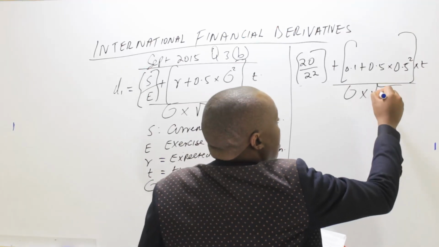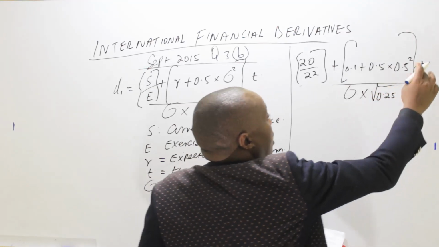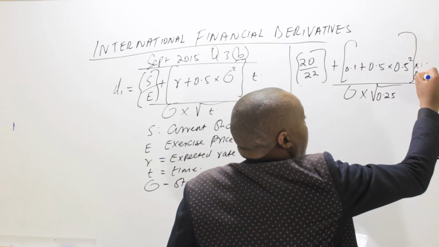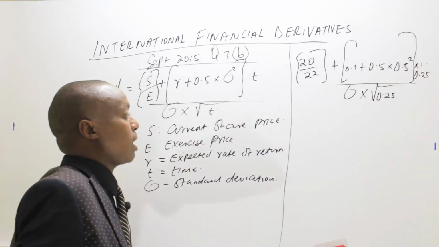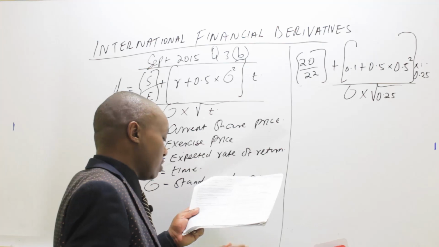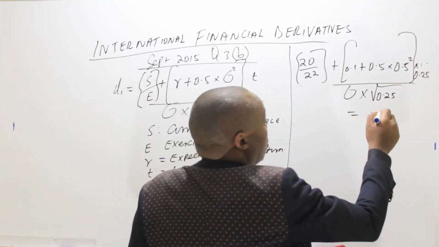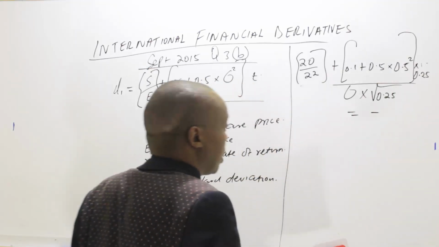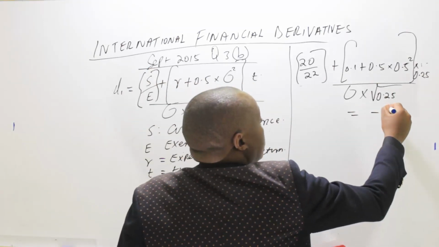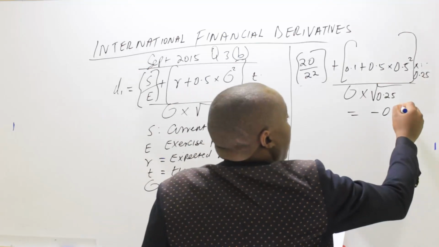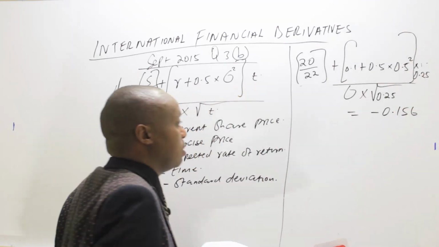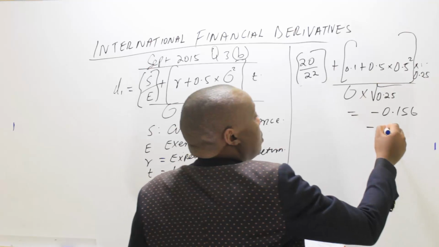Therefore, you can replace T with 0.25. If you work it out, we get the value, it will give you a negative 0.156.